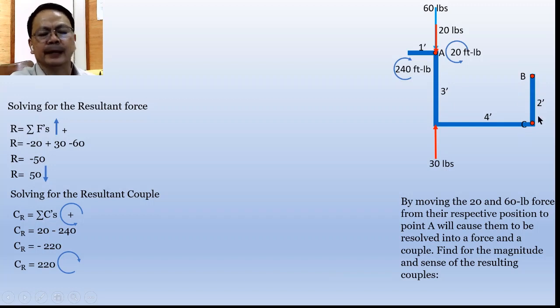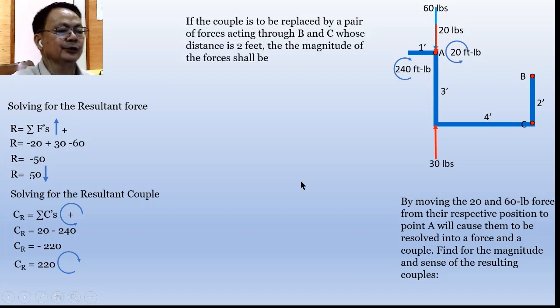Then we should expect that there will be horizontal forces acting at B and C, and to produce clockwise moment, then we would expect that the force acting at B should be towards the right, while the direction of the force acting through C must be directed to the left.